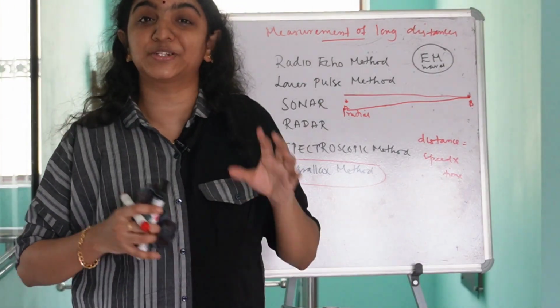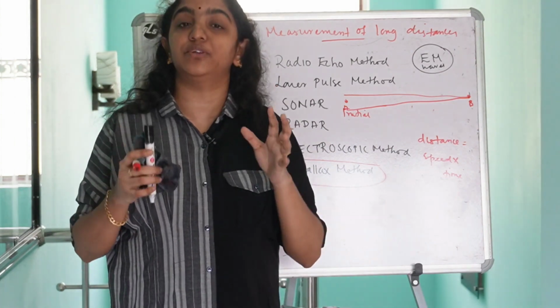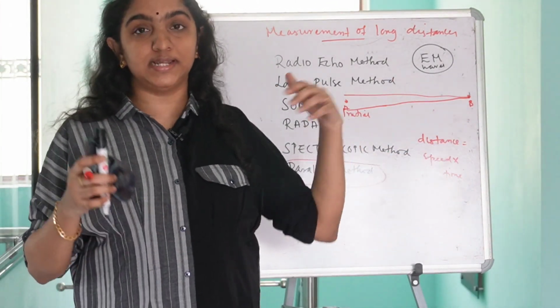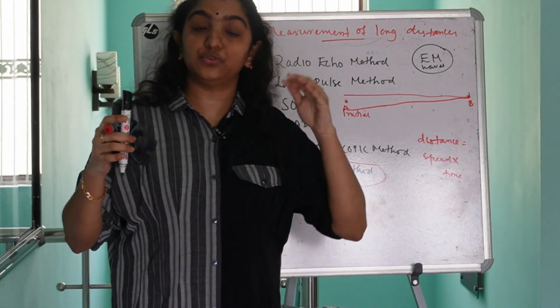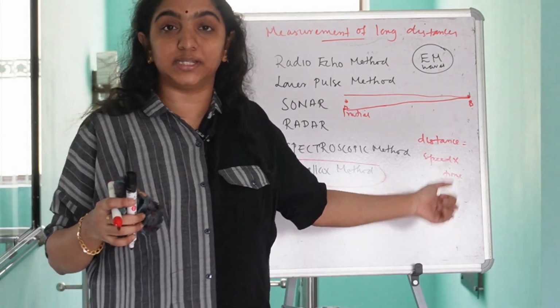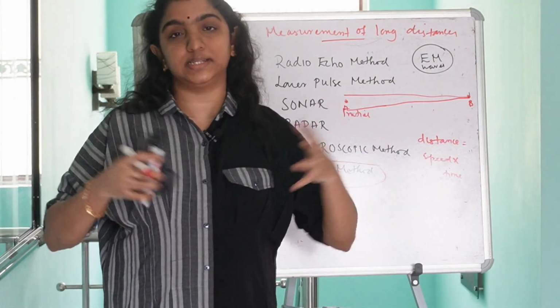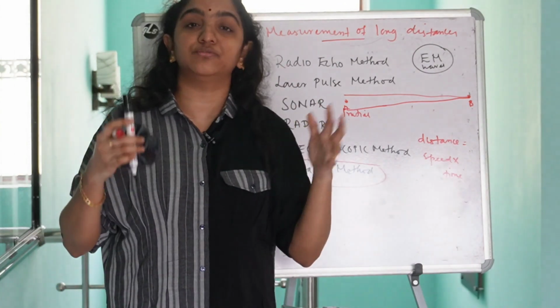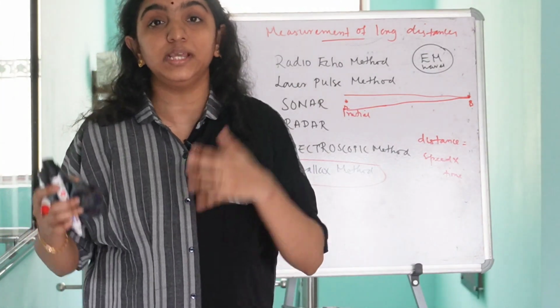We can say the spectroscopic method is quite different from the others. We use it for finding the distance to very far off stars. In this method we compare the actual brightness of the star and the brightness of the star when it is observed from the earth.